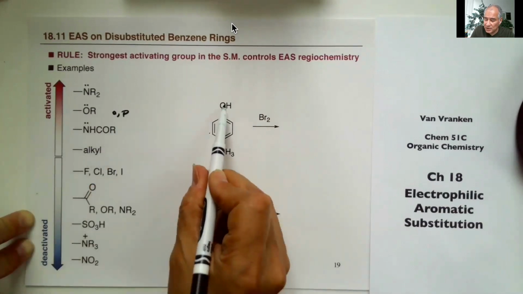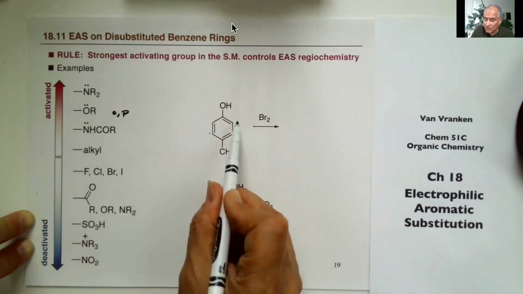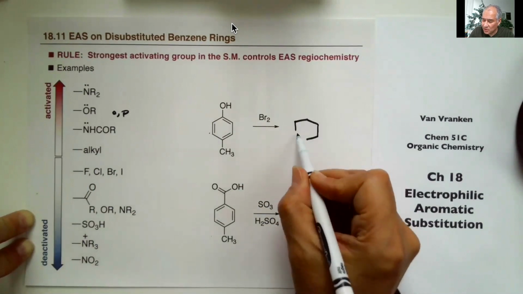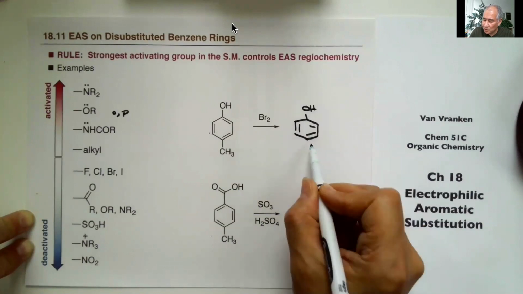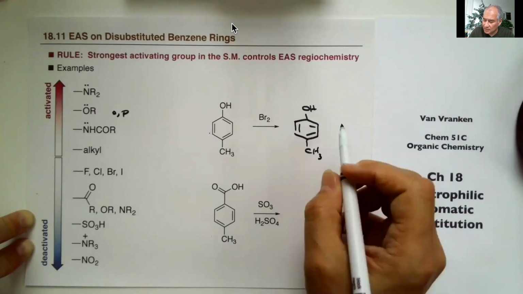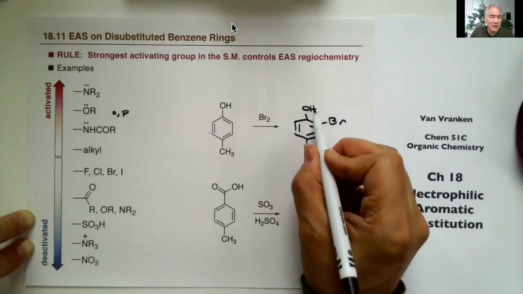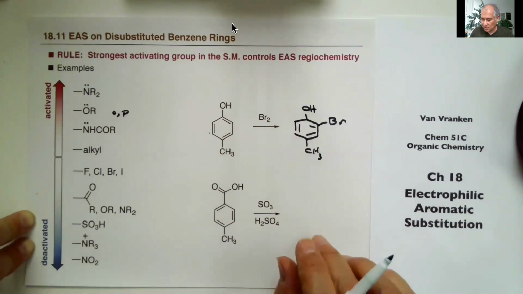So this is going to direct the bromine to add either para, but that's blocked, or ortho. So it's going to add ortho. So the product of this reaction is going to have a new bromine substituent at the ortho position to the hydroxy group. It's the hydroxy group that controls the regiochemistry of that third substitution reaction.